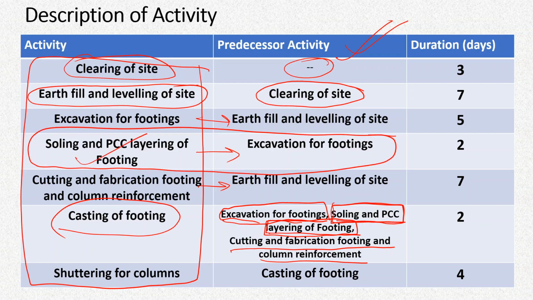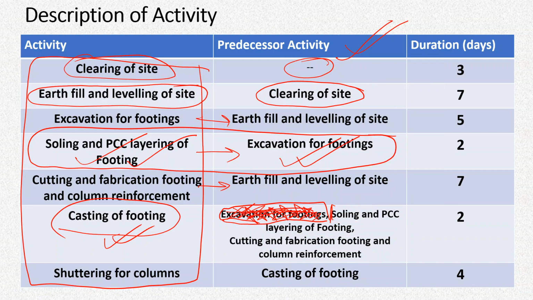That is, soling and PCC layering of footing is already dependent on excavation for footings. So in casting of footings, we don't have to write the excavation of footings, because it is anyway already completed to complete the immediate previous activity, which is soling and PCC layering. So this is unnecessary information, and we will only require these two activities.